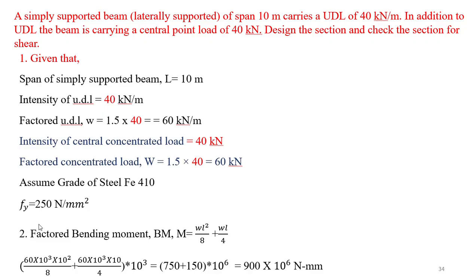Now we have to find the bending moment and shear force. What is the factored bending moment for this one? M is nothing but WL square by 8 for simply supported condition with UDL, and WL by 4 for a point load acting at the center.